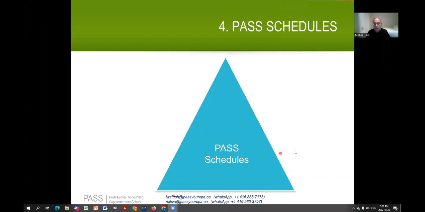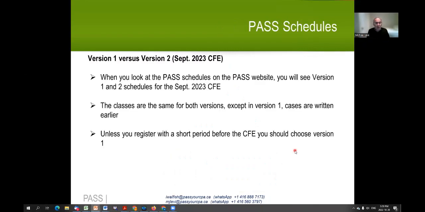Let's now talk about the PASS schedules. When it comes to the schedules, you can find them on the PASS website, passyourcpa.ca. On the homepage, if you look at the top of the screen under admin/schedule, you would click on admin/schedule, and then you would click on master schedule.